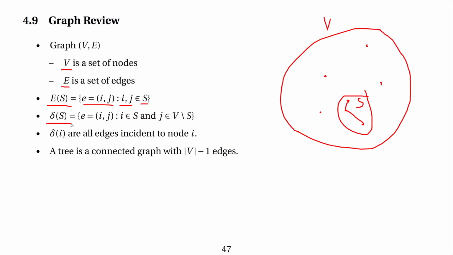And delta of S are all the edges E_ij where one node is inside S and another node is outside of S. So for example, an edge that connects this node inside S with a node outside of S would be a part of delta S.